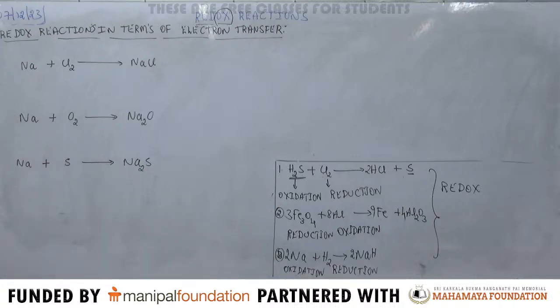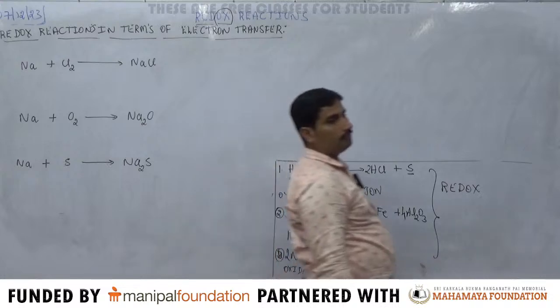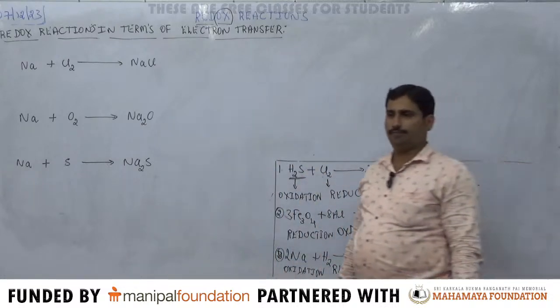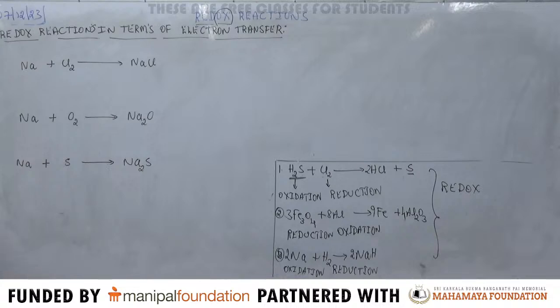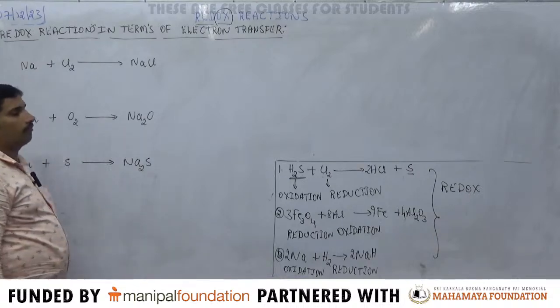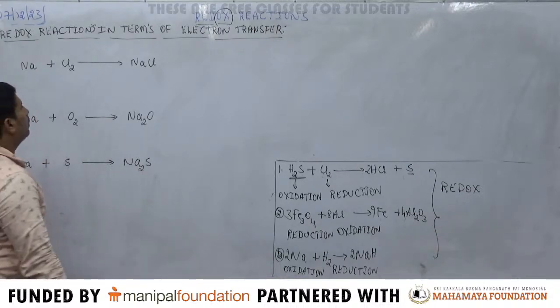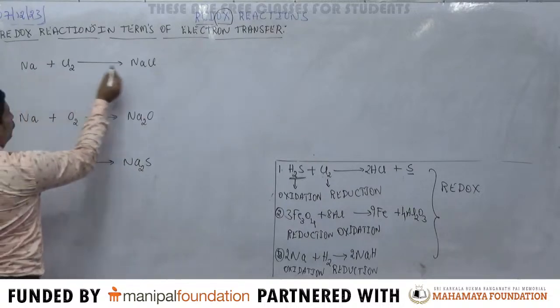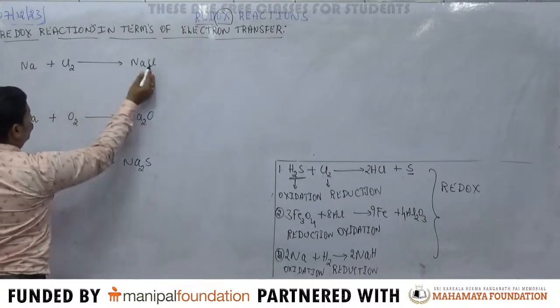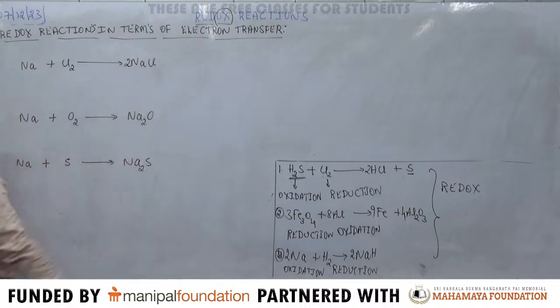Write only the first reaction. And balance that. Now balancing: sodium 1, chlorine 2 on one side and chlorine 1 on the other, so 2 NaCl.